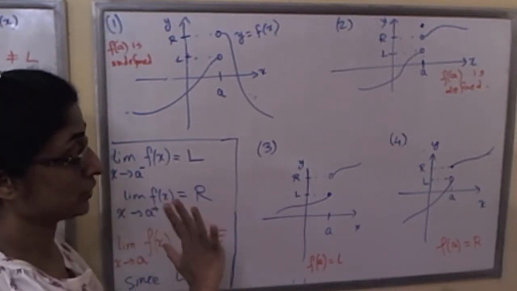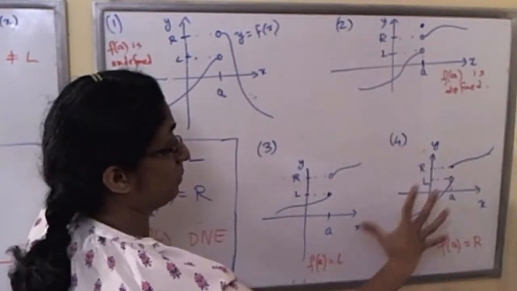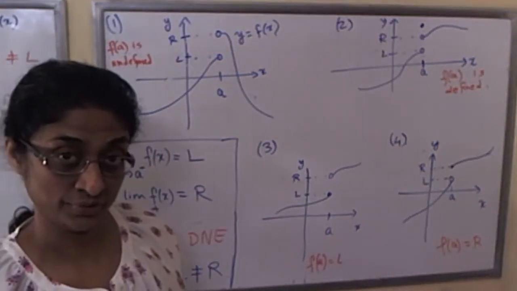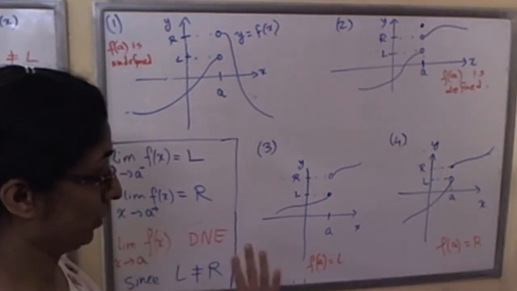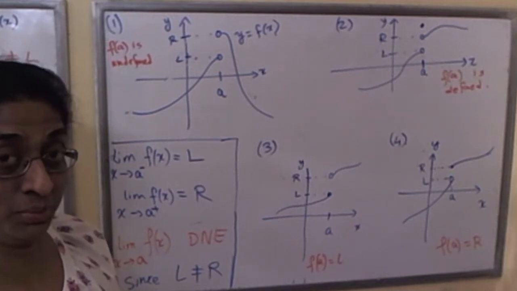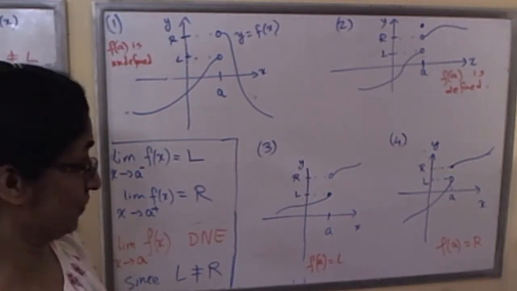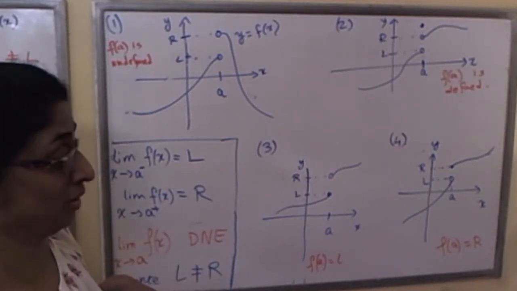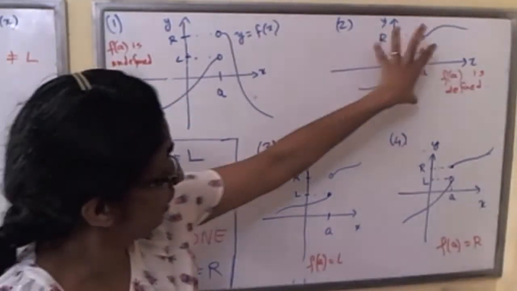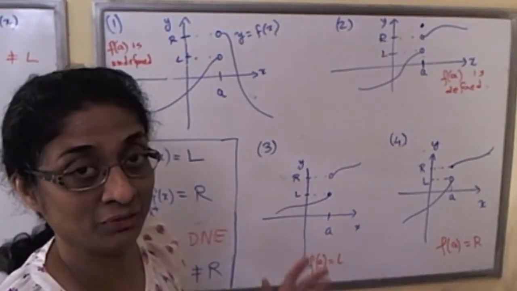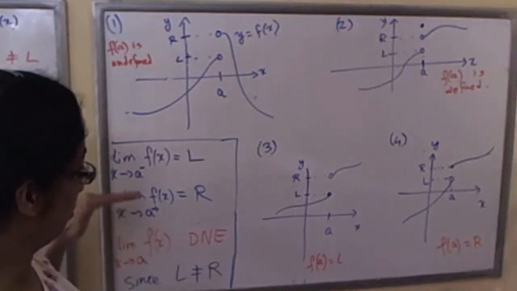So when you study this topic, see why I put all these four on the same board, because they're really very similar and the answers are all exactly the same. They only differ in what happens at f of a, and f of a is irrelevant when we compute this.